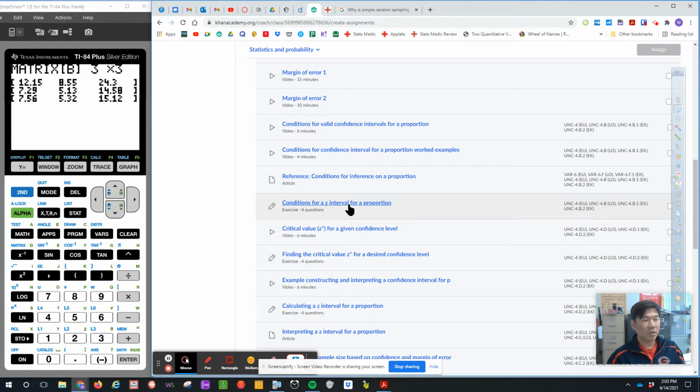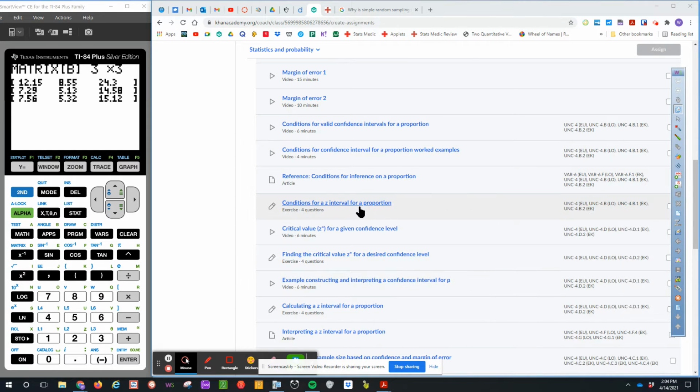The normal condition is when n times p hat is greater than or equal to 10, and n times 1 minus p hat is greater than or equal to 10. P hat, by the way, is the sample proportion.